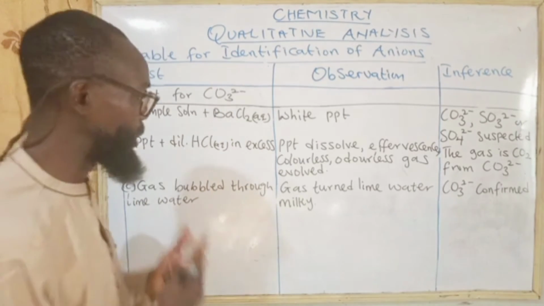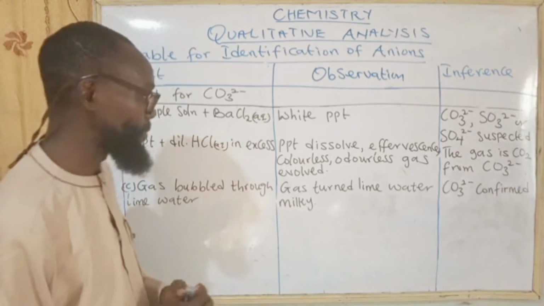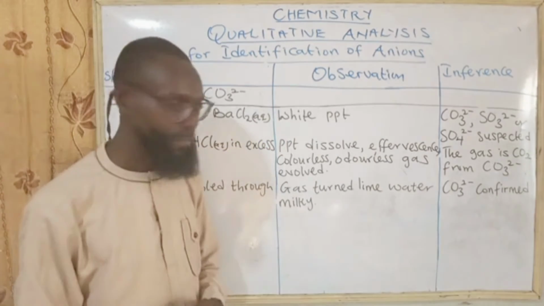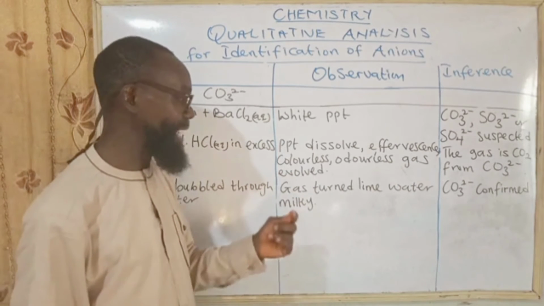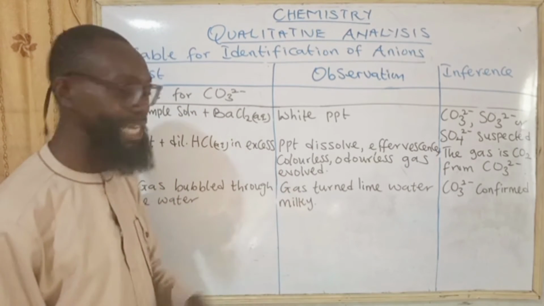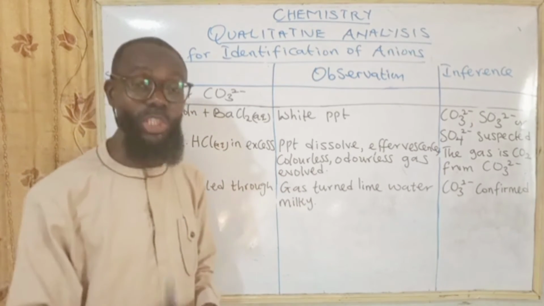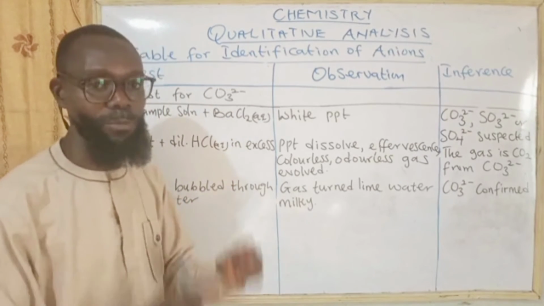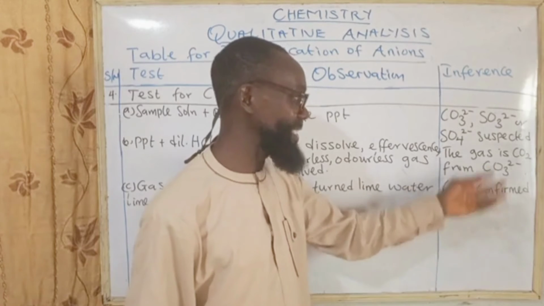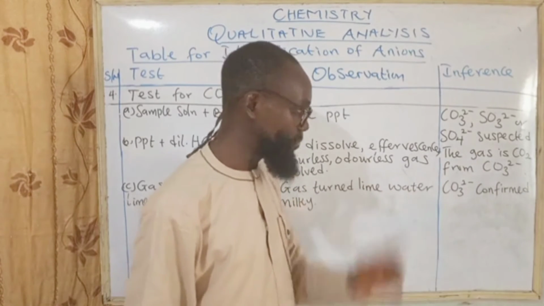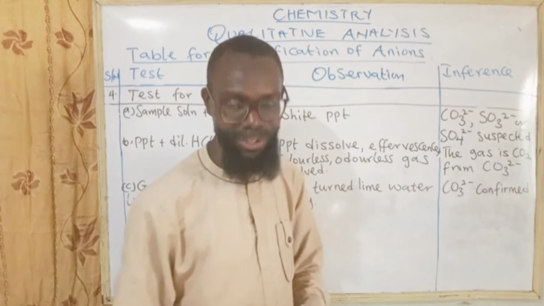So we can also include it in our observation that precipitate dissolved, effervescence occurred, colorless and odorless gas was evolved. The gas turned blue litmus paper red. Now come to this inference: the gas is carbon IV oxide from CO3 2 minus.